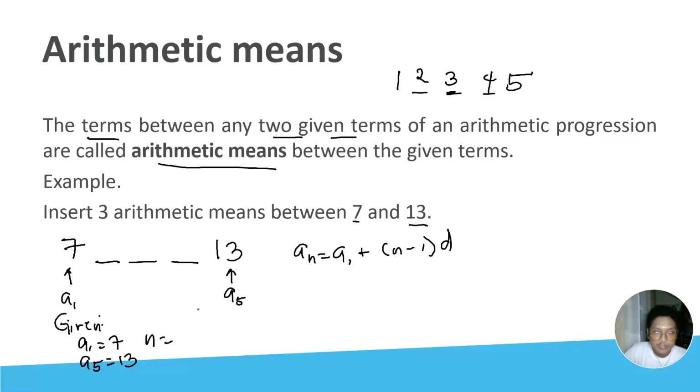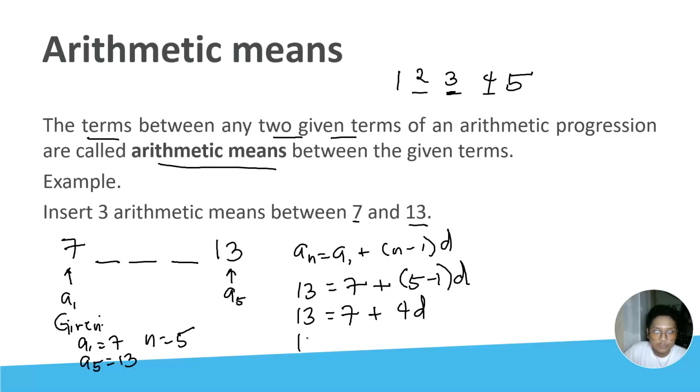How about n? Diba, ang n natin ay yung total number of terms sa isang progression, which is 5. So, by substituting the values, a5 is 13, equals 7 plus 5 minus 1 times d. Mahanap natin yung common difference. Kaya 13 equals 7 plus 4d.